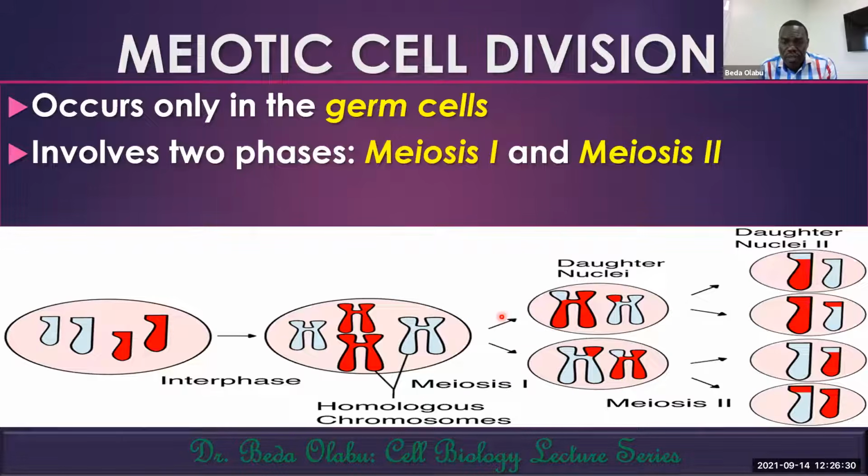During meiosis 1, the homologous chromosomes are the ones which are separated, which means that we separate the pairs of chromosomes so that each daughter cell after meiosis 1 has only 23 chromosomes. That's what we call haploidy. So the aim of meiosis 1 is to achieve haploidy.